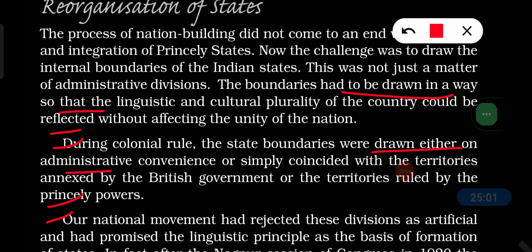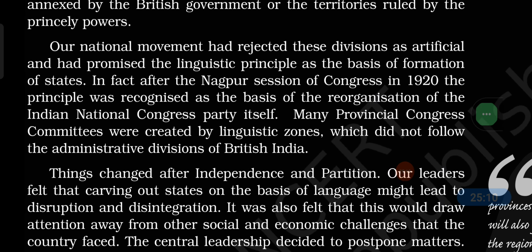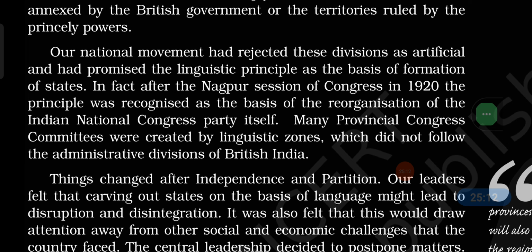Our national movement rejected this artificial division and had promised the linguistic principle. Most of the new states were created on the basis of language. In the Nagpur session of Congress in 1920, the principle was recognized as the basis of the reorganization of the Indian National Congress on the basis of language.